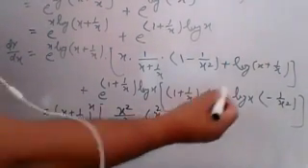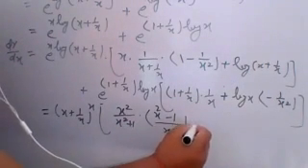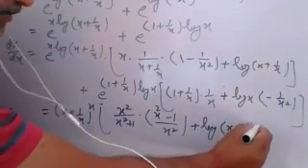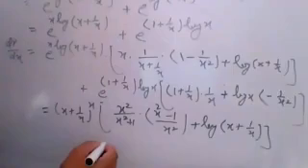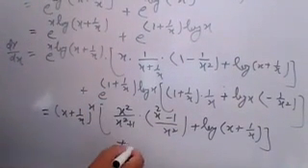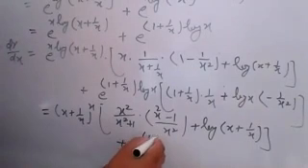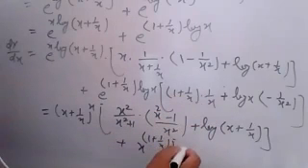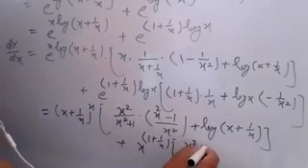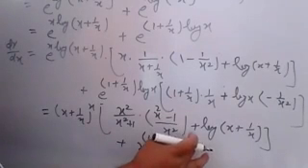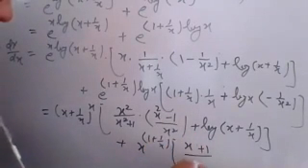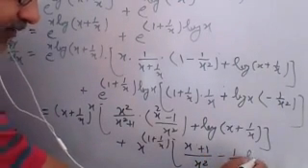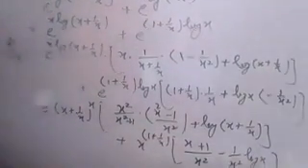Now come to this step. Here you have plus log (x plus 1 upon x). Plus, this term can be written as x to the power (1 plus 1 upon x) into (x plus 1) upon x square, minus 1 by x square into log x.